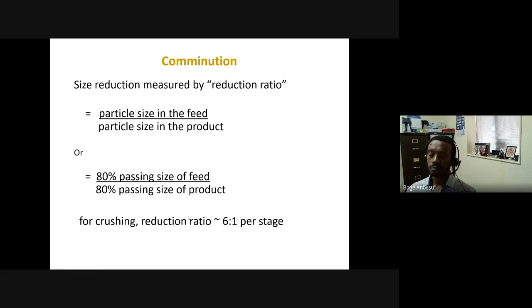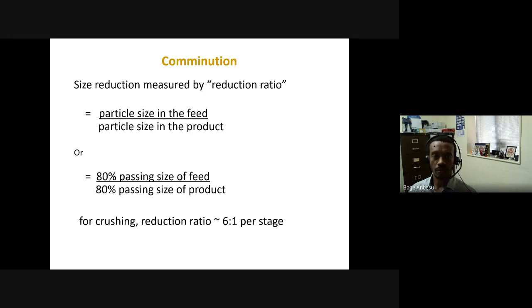Okay, so how do you measure efficiency of comminution? That is actually done by comparing your initial particle size to the product particle size. So if I give you a bunch of particles, you can work out roughly the particle size.